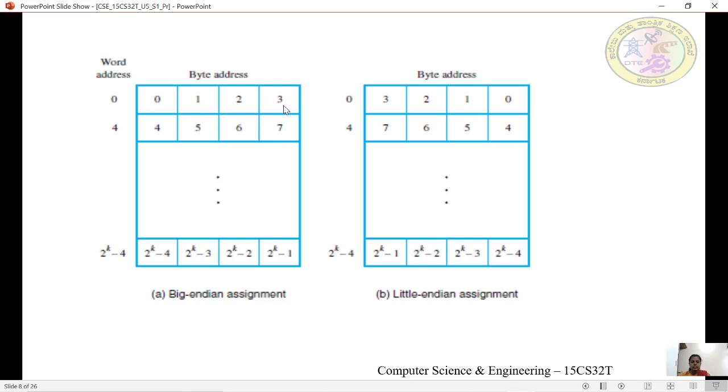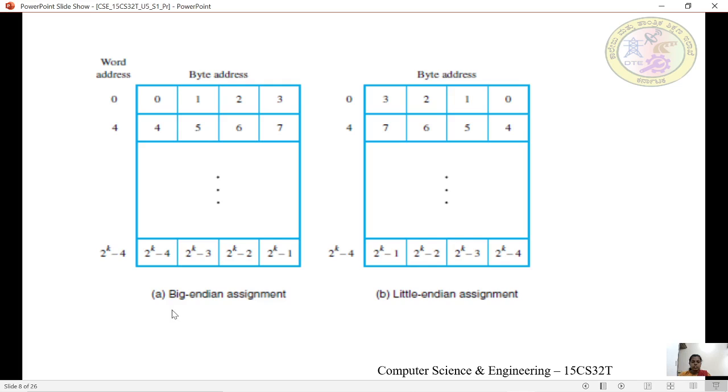So there are totally 4 bytes, that means a 32-bit word length. And here the word address is the same as the MSB byte position. So you can see 0, 4, 8, and so on up to 2 to the power k minus 4.